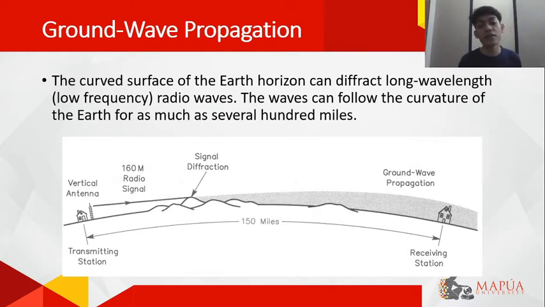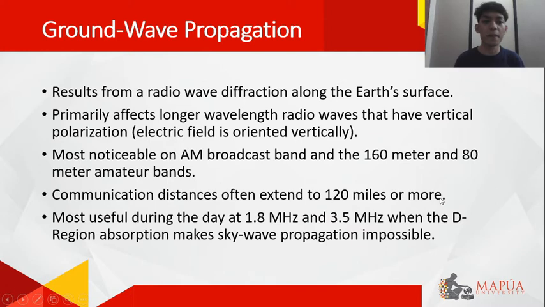happens when the curved surface of the Earth's horizon can diffract long wavelengths or low frequency radio waves. The waves can follow the curvature of the Earth for as much as several hundred miles, as depicted in the illustration on the screen.